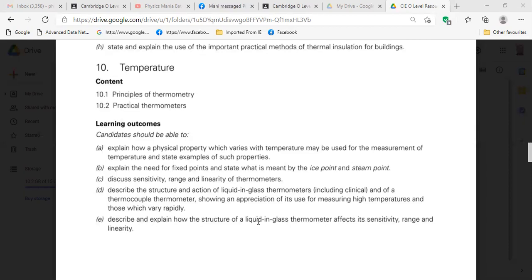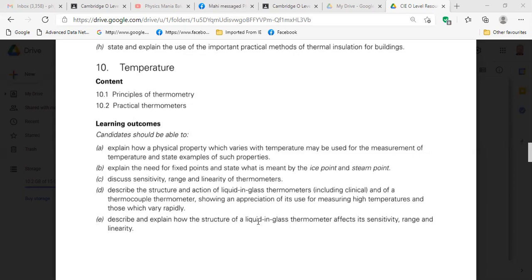Okay, like we have a thermometer of 100 degrees Celsius range, from 0 to 100 degrees Celsius range. Then the length of the thermometer is 10 centimeter. Okay, so each of the centimeter is giving us 10 degree or anything. Like for example, it is giving us 10 degrees Celsius.